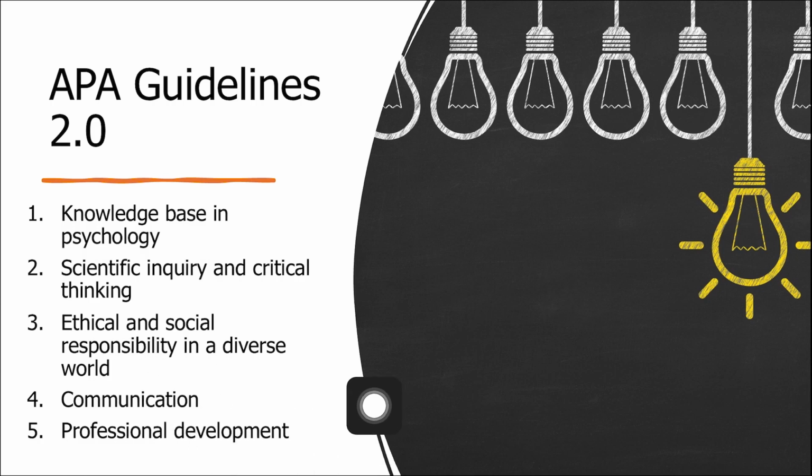Ethical and social responsibility in a diverse world, being able to apply ethical standards, being able to evaluate psychological science and practice, understanding how to build interpersonal relationships and understand behavior. Understand values that build community at all levels, local, national, global. How can psychology promote civil, social, and global outcomes that benefit others?